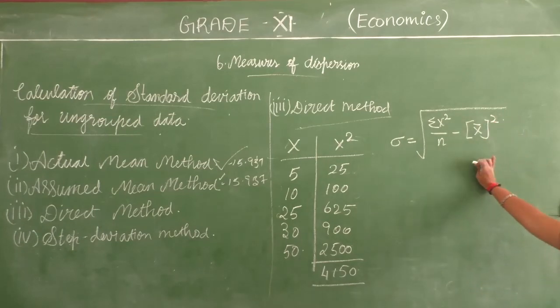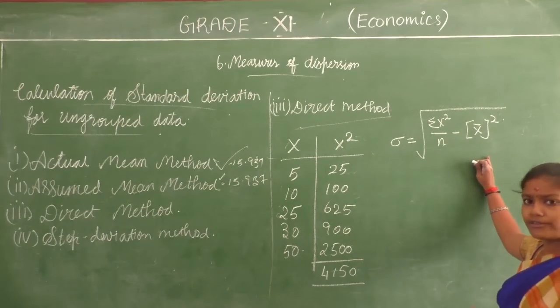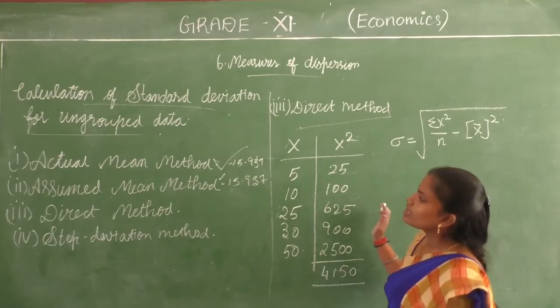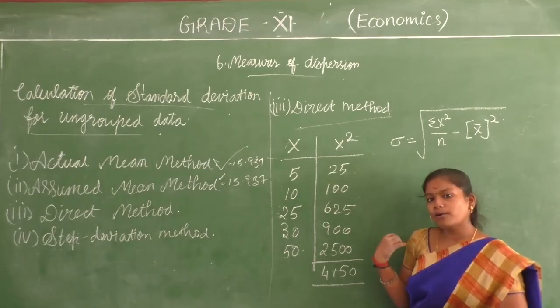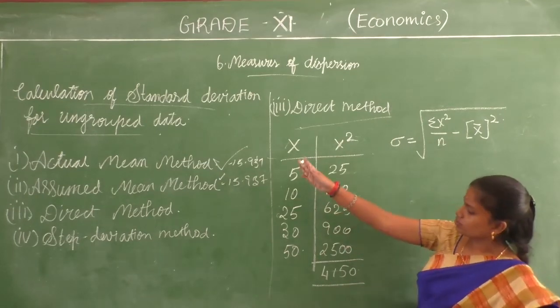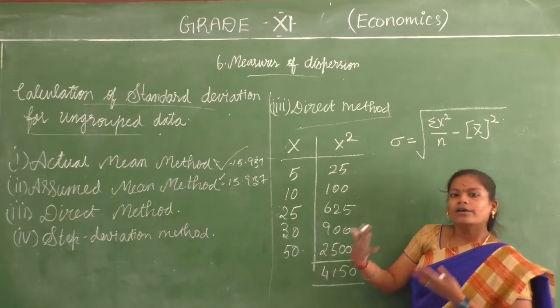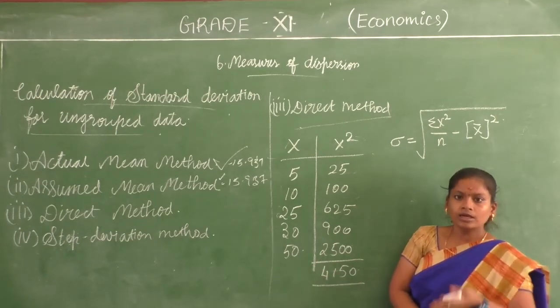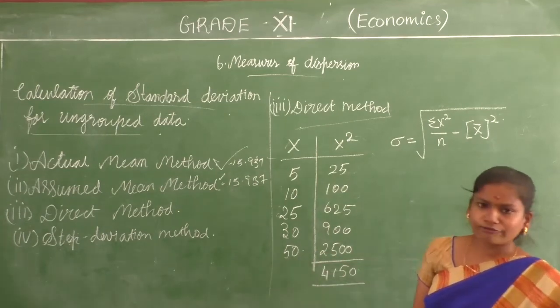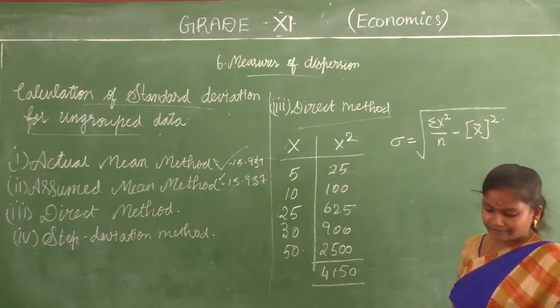What is the x bar? Arithmetic mean. We already know the arithmetic mean. If you are going to directly use direct method, you cannot get to this step without finding the arithmetic mean. We need your arithmetic mean. So you already know it. If you want to calculate it again using your arithmetic mean direct method, you will get a value of 24. Right? Already we have discussed it.